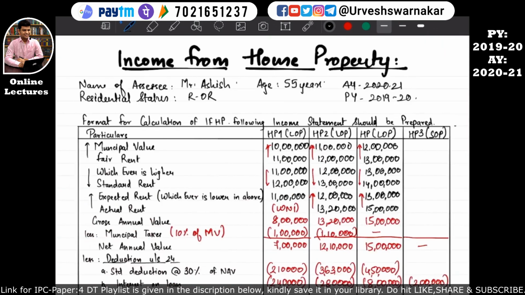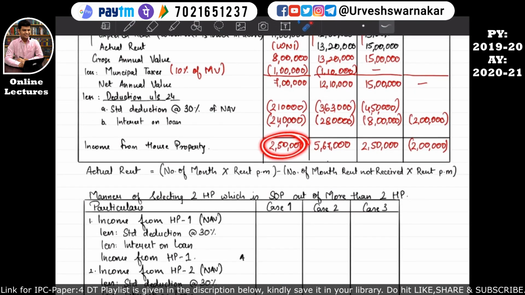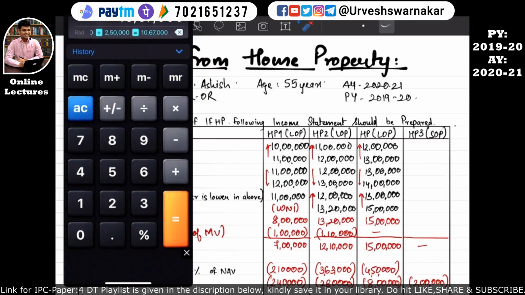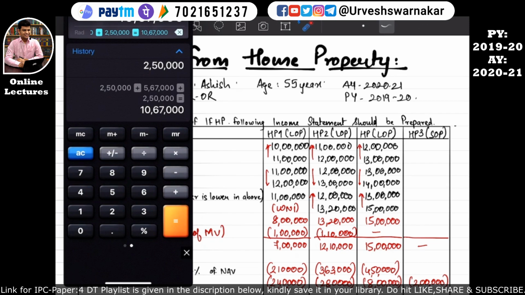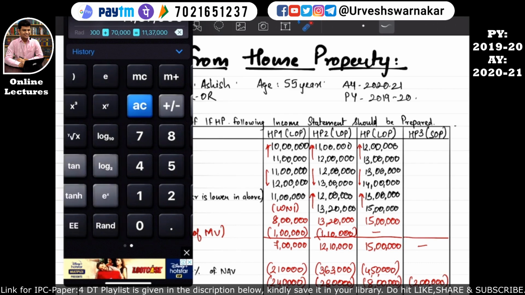That means our total income from house property will include this 70,000. Earlier we calculated 10,67,000. You can see it over here, and here we will add one more 70,000, and finally we will get our income from house property, that is 11,37,000.